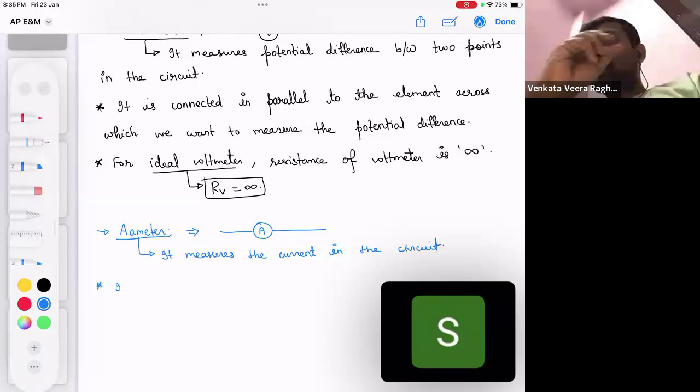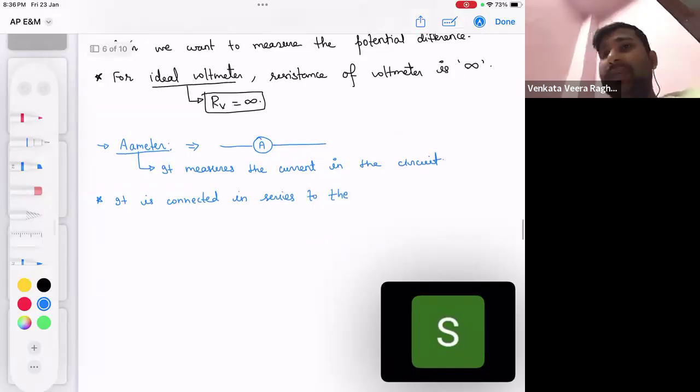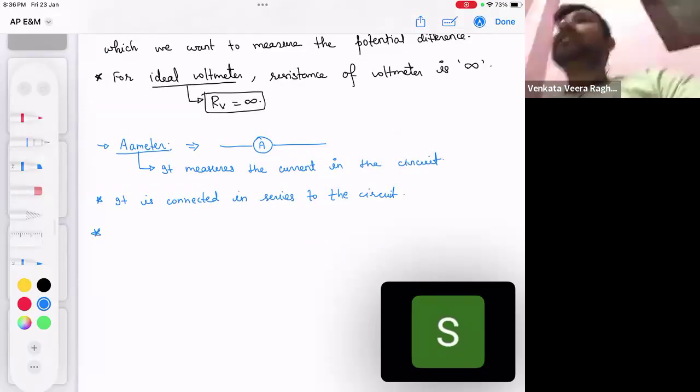So that's how an ammeter is connected. It is connected in series to the circuit.